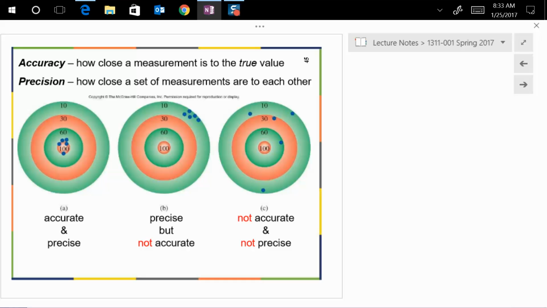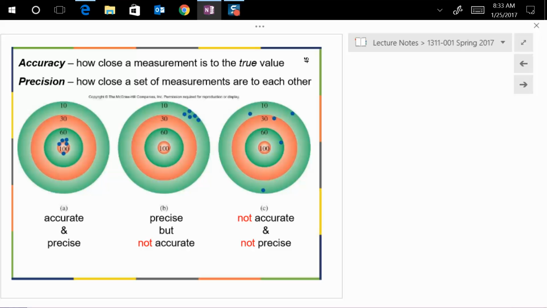Okay? But if you measure the density and it doesn't hit the target density that you're trying to get, but your data is all at the same place, then you have precision but no accuracy.